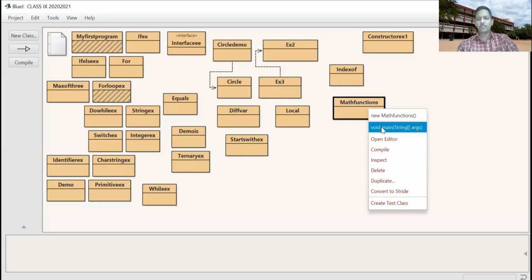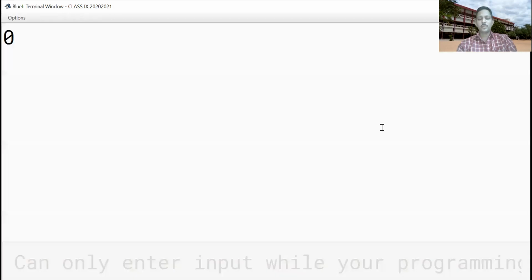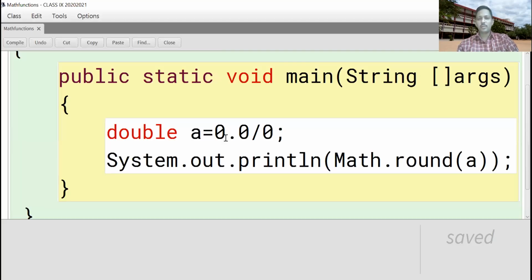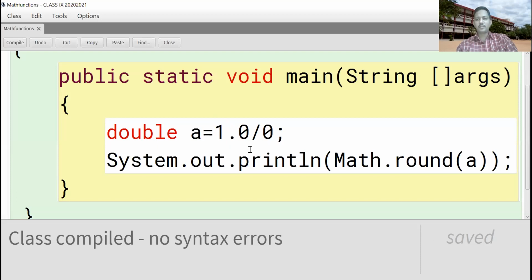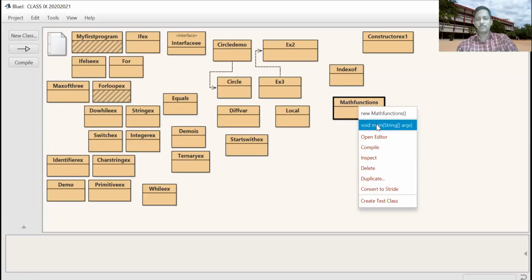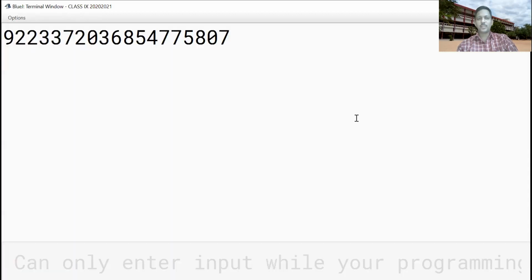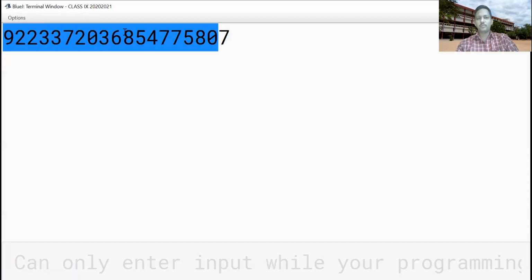What is your output? 0. So this is the second point. Third point is what? If the given argument is positive infinity, then it prints long max value. Now check the output. This is the maximum value of the long data type.